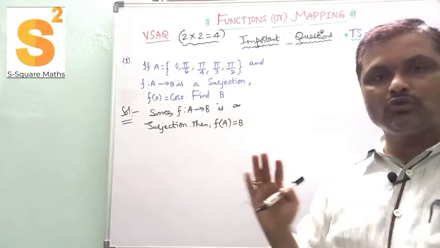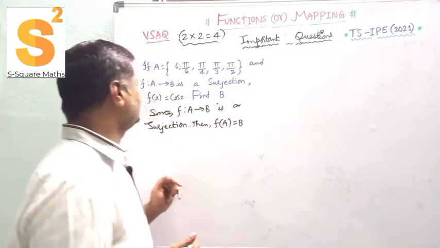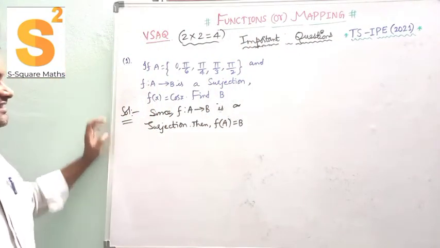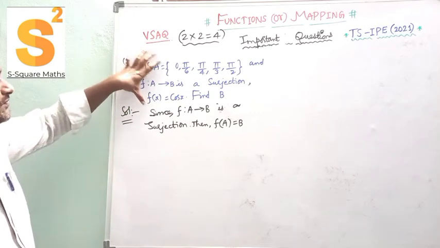Codomain is called range. Now f of x is given as cos x, so you have to find the set B.